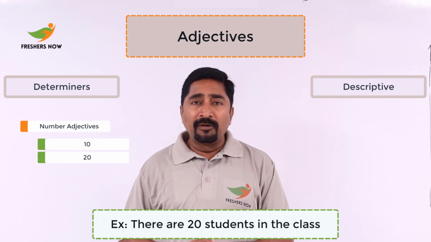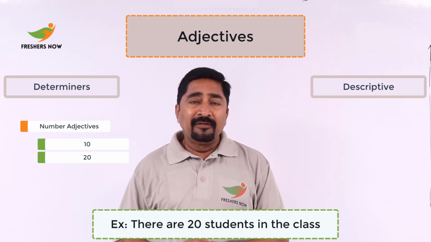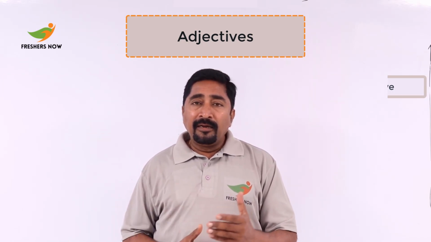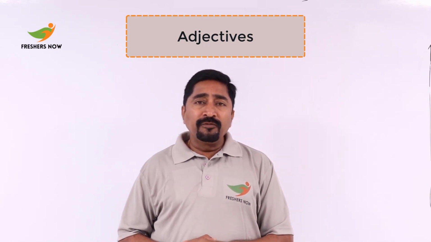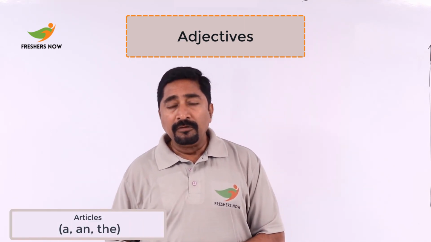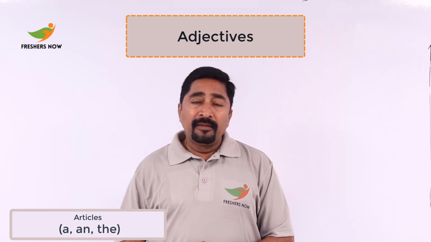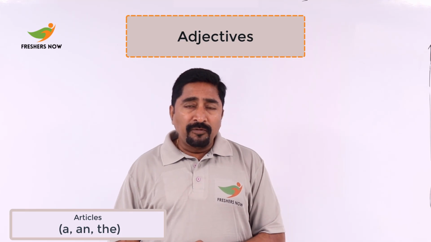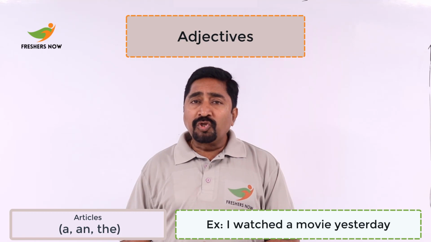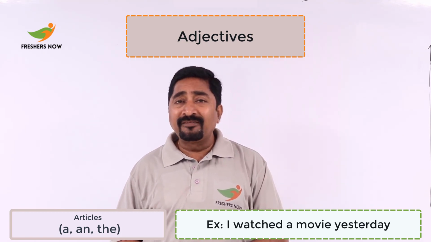So this is a way where the determiners can be used as adjectives in any given sentence. And apart from that, we also have the articles a, an and the. These are also adjectives. For example, I watched a movie yesterday.